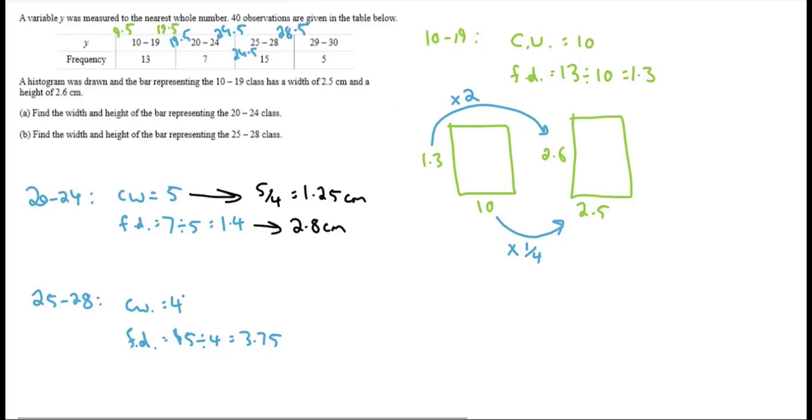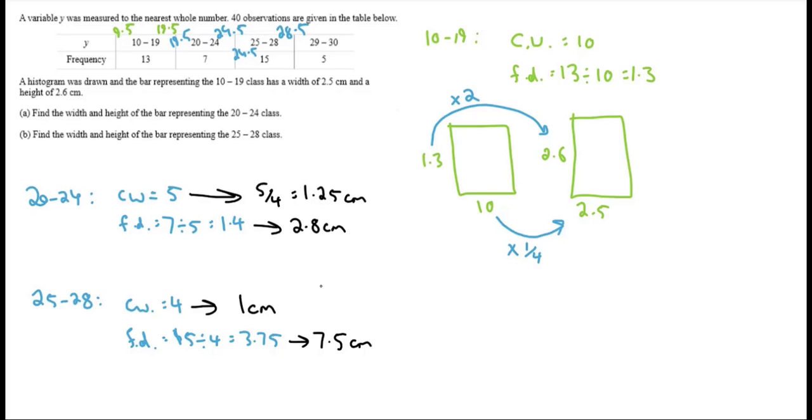To convert these into the bar that's actually representing them, class width, the width at the bottom, is times by a quarter, so it's just 4 over 4, which is going to be 1 centimeter, and the frequency density, the height, gets doubled, so that's going to become 7.5 centimeters.